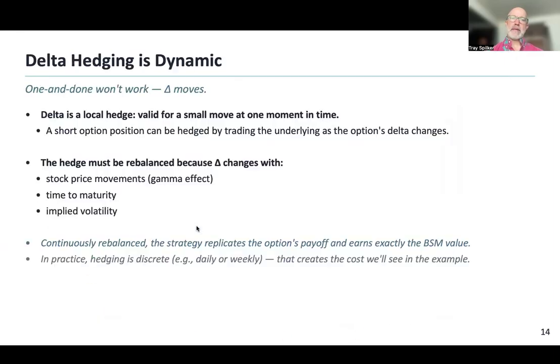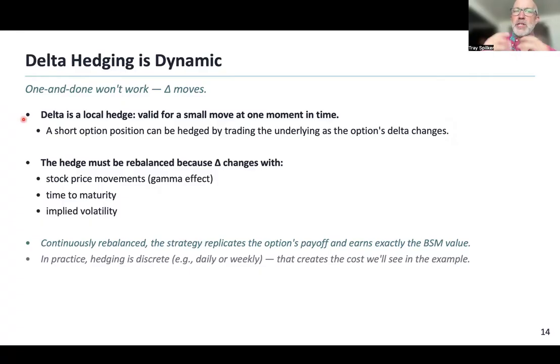Now, in terms of hedging delta dynamically, the one and done hedge from setting up our delta exposure like we did in the last example where we bought 600 of the underlying shares, it won't work, which is to say that hedging requires dynamic rebalancing because delta changes not only because share prices change, right?